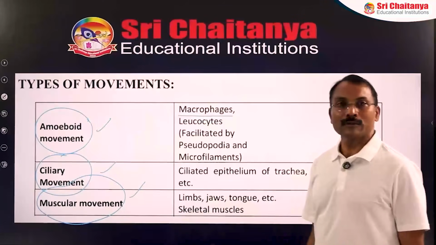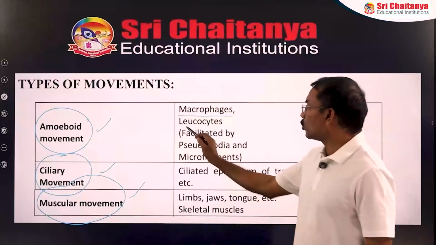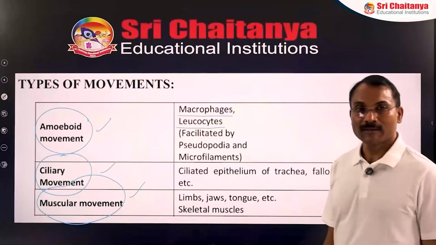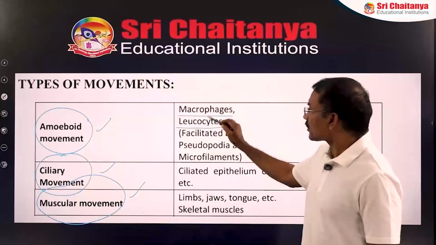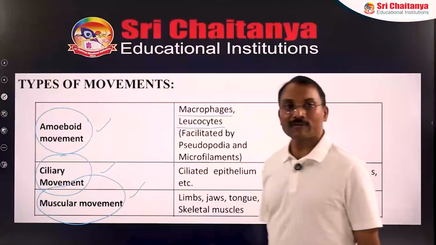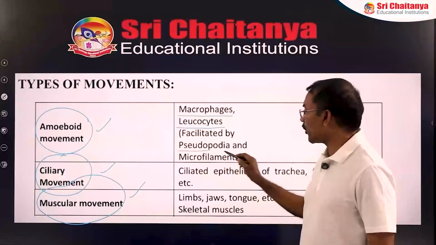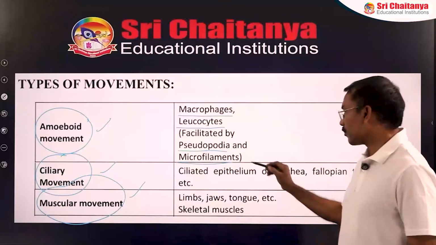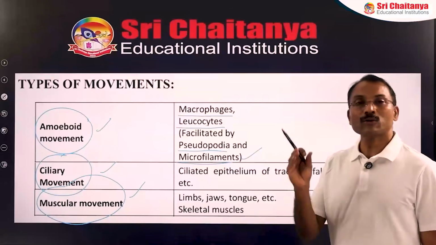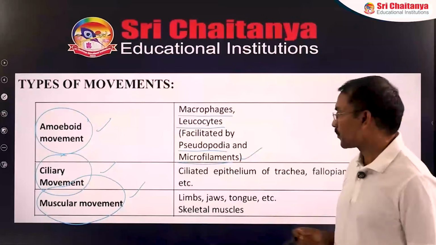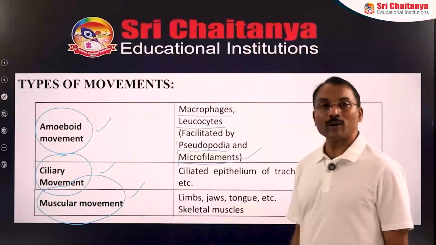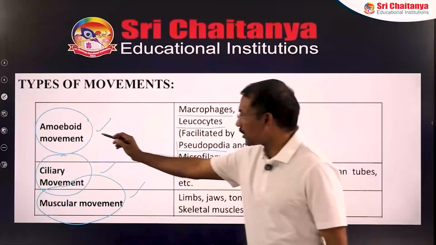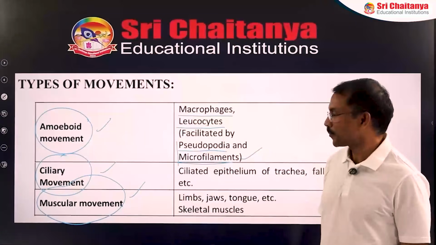Macrophages of connective tissues, leukocytes of blood. These cells show amoeboid movement with the help of pseudopodia and microfilaments. You know, microfilaments are cytoskeletal structures. Pseudopodia and microfilaments are involved in amoeboid movement.